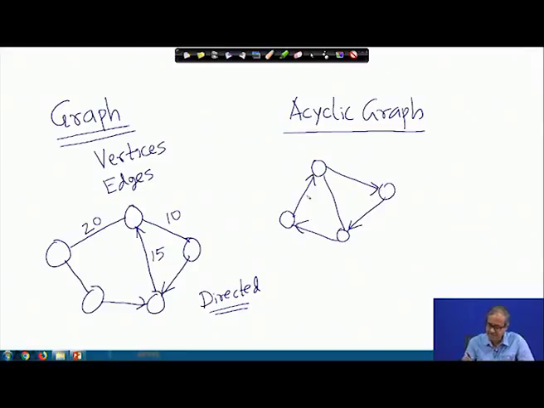So, you see there is some kind of a cycle like this. There is a directed edge. If you consider these 4 edges together, starting from this vertex A, I can go to B, I can go to C, I can go to D, then I come back to A. This is a cycle. Now, an acyclic graph is one where there is no cycle.